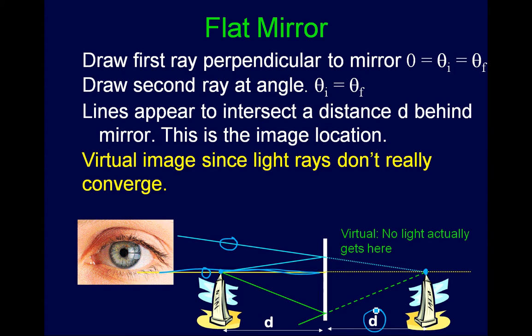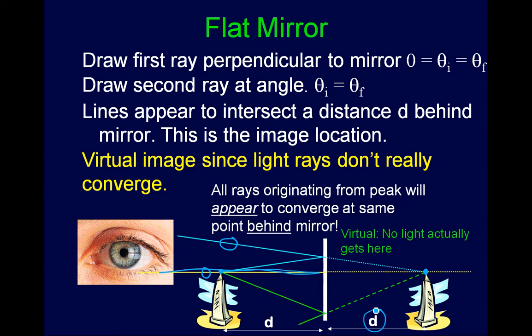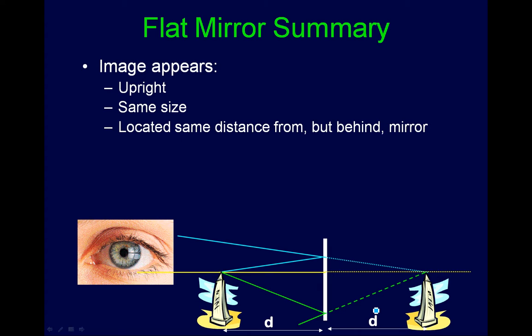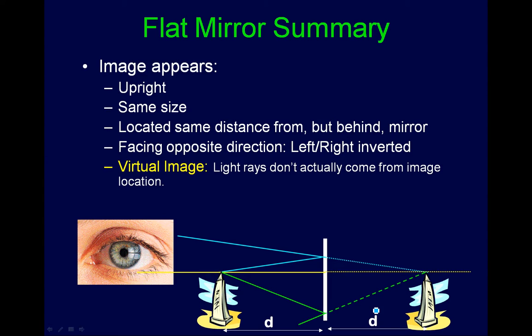And any other beam or ray that I draw coming from that tip, if I bounce it off the mirror and then backtrack that beam again, it should come through that tip. So all rays originating from the peak of our statue appear to converge at the same point behind the mirror. Our summary of this is that the image for this flat mirror appears upright, the same size, located the same distance from but behind the mirror, and it's a virtual image.